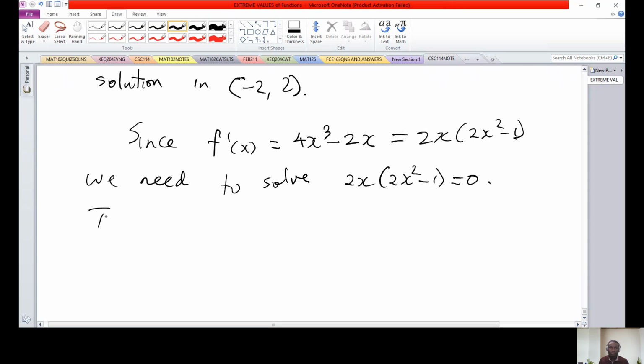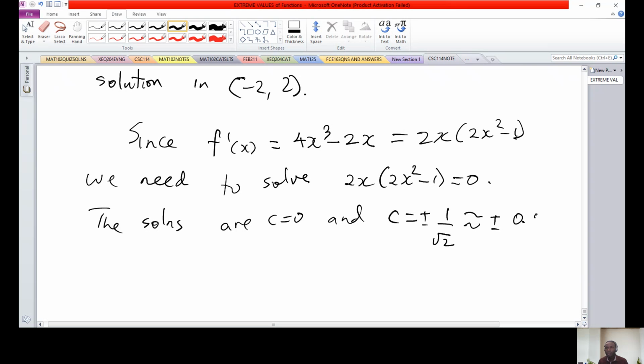So the solutions are c equals 0 and c equals plus or minus 1 over square root of 2, which is roughly plus or minus 0.707.